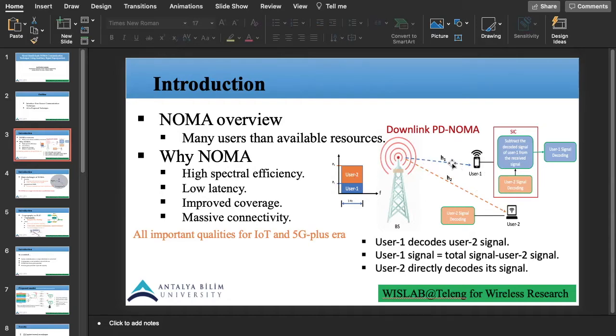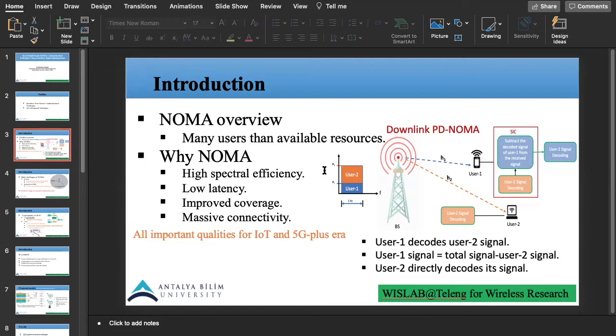When you send your signal, user one, who has a good channel, first decodes the information of user two, and then decodes its own information. The other user decodes its information directly, by considering the information of the first user as noise. So this is the current NOMA which is there right now.